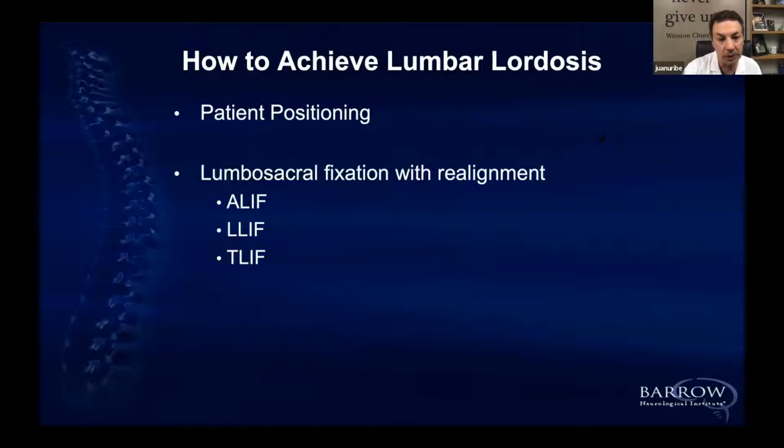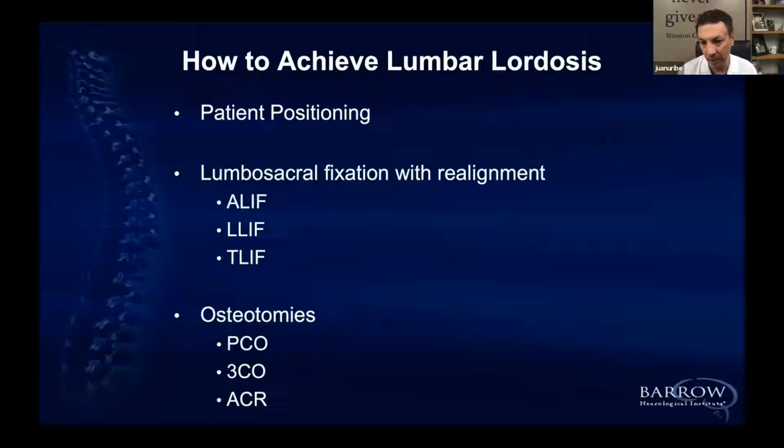And then obviously the procedures, as we know: ALIF, lateral, TLIF, you name it. But then you have the real lordotic procedures, which are the osteotomies or the ACR. We cannot do posterior column osteotomies or ACRs on every patient, because the more we do, the more risk we take.